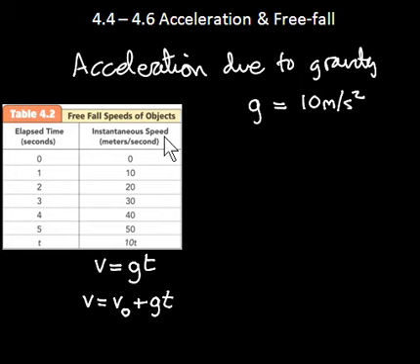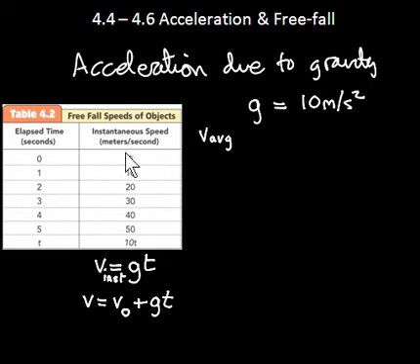But that's the instantaneous speed at the end of the time interval. V-inst, instantaneous speed. What about the average speed? During the first second, its speed increases from 0 to 10 meters per second uniformly.